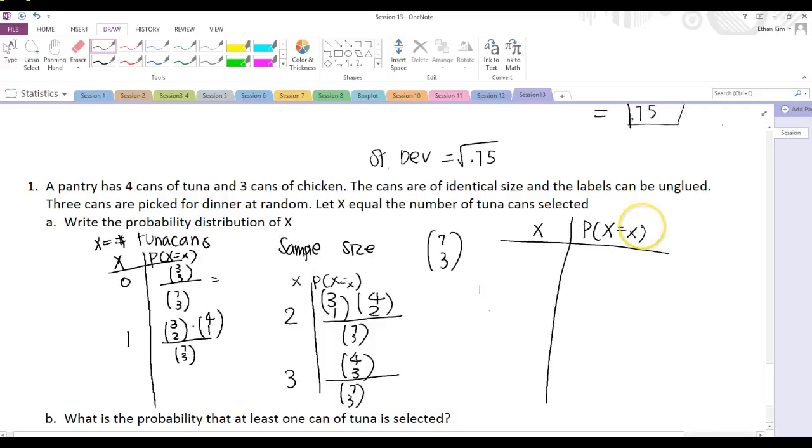So it's going to be 0, 1, 2, 3, and if you calculate these out, you're going to get 1 out of 35, 12 out of 35, 18 out of 35, and 4 out of 35. And if you add these up, you're going to get 1. So that's the probability distribution of x. Okay, so moving on.